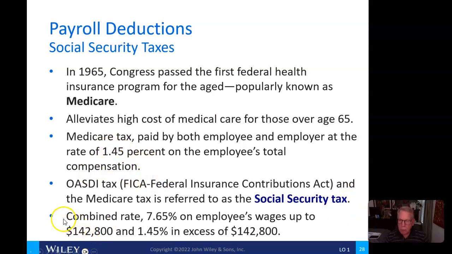Okay, so the combined rate is 7.65% on the employee's wages. Well, it's a combined rate, but it's 6.2% of $142,800, but 1.45% for any amount of employee wages.